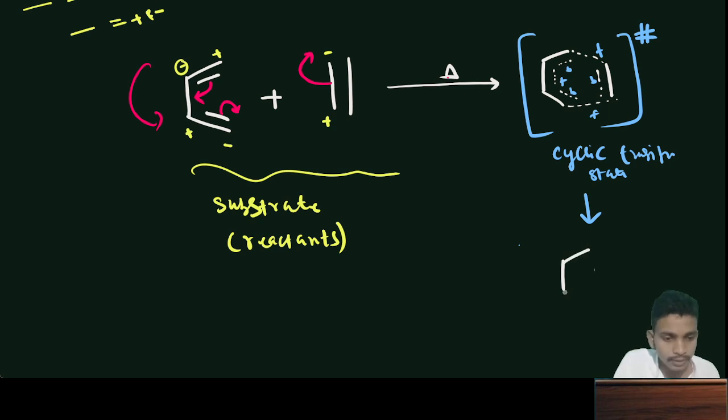Here breaking is happening, here forming is happening, this is breaking and here forming is happening. This was already there, and this is breaking and this is forming. So this is happening here. Okay, so this is the final product.